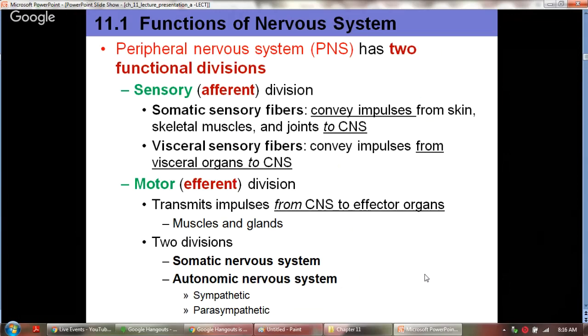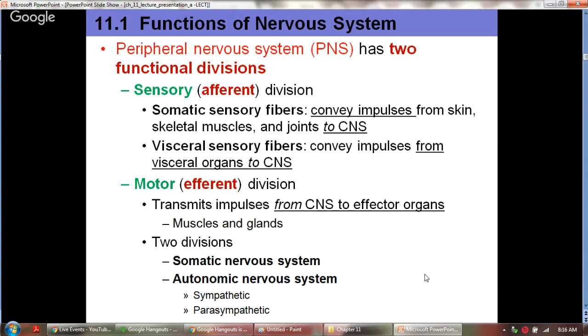The peripheral nervous system has two functional divisions. The first one is the sensory, which we call the afferent division, and the second one is the motor, which we call the efferent division. The sensory or afferent division further divides into two parts: somatic sensory fibers as well as visceral sensory fibers.